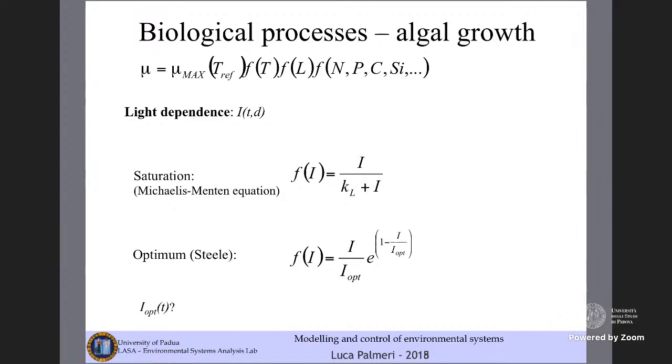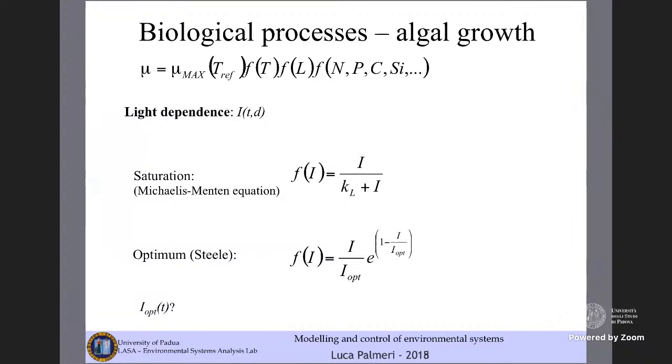Okay, let's go on. We said that if we want to describe the limitation effect due to light, we shall make explicit F_L, the limiting function due to light. And how do we do that? We introduce the term linked to light dependence, where I is the intensity of radiation as a function of the time of day.